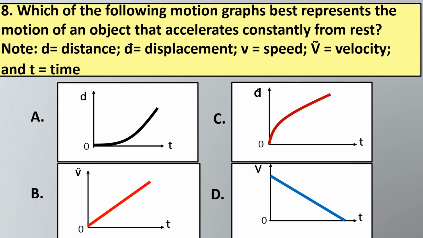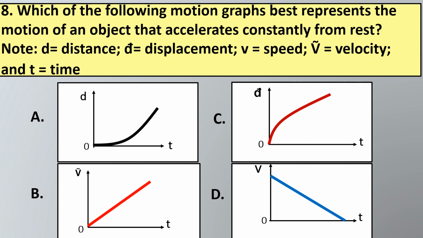Question number 8. Which of the following motion graphs best represents the motion of an object that accelerates constantly from rest? Note, small letter d stands for distance, d with an arrow stands for displacement, v with no arrow for speed, v with an arrow represents velocity, and letter t represents the time.